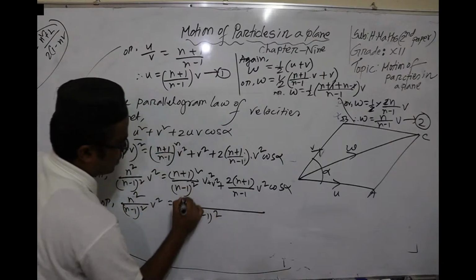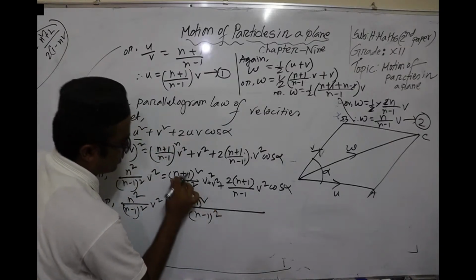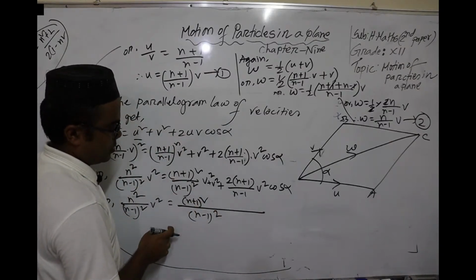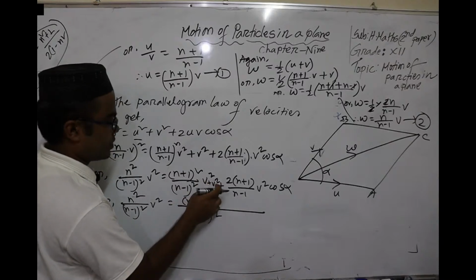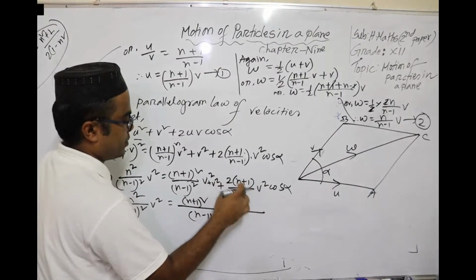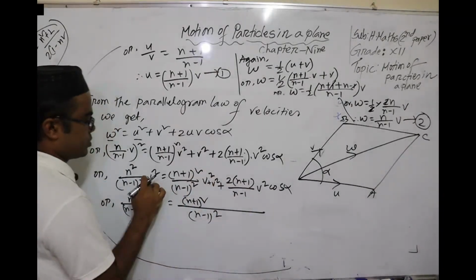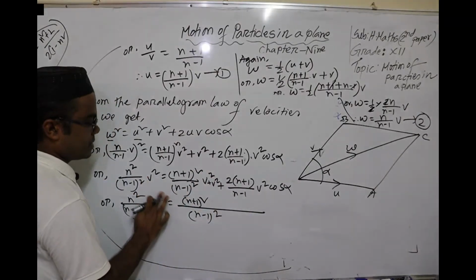You can write (n plus 1) whole square directly. See, v square and v square, everywhere we are taking v square common, so this one goes to cancel.